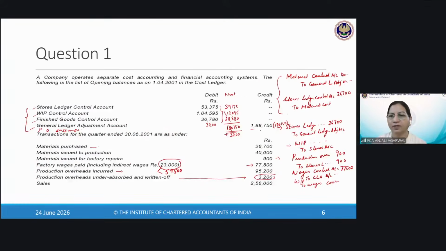So this would have become 183,350. Okay. So if you don't see a suspense account or anything in the opening balance, you may make an assumption that it is the policy of the company to write off completely to the costing P&L any under or over absorption.